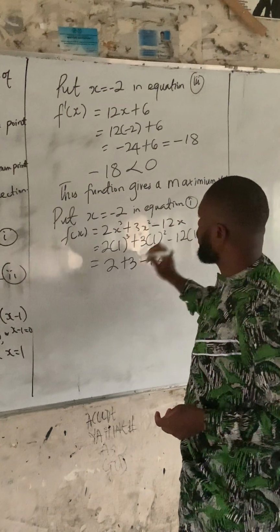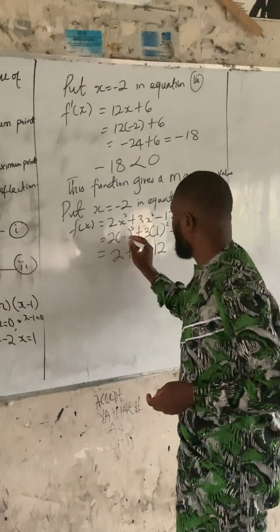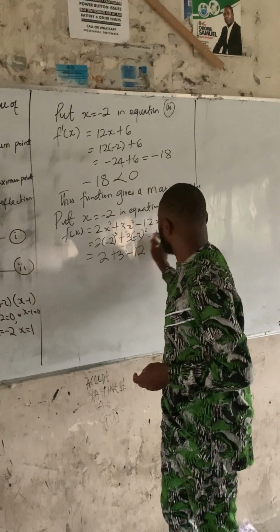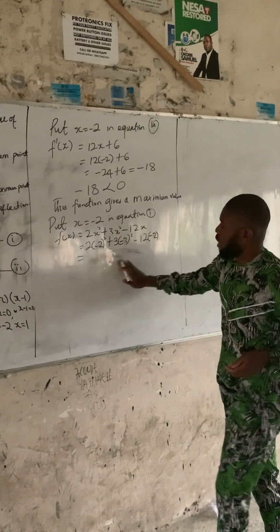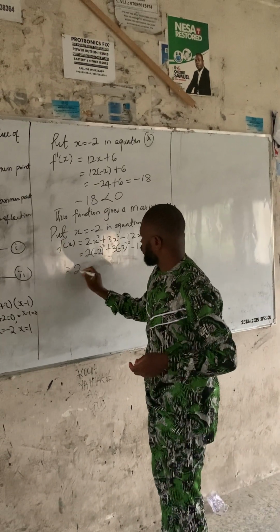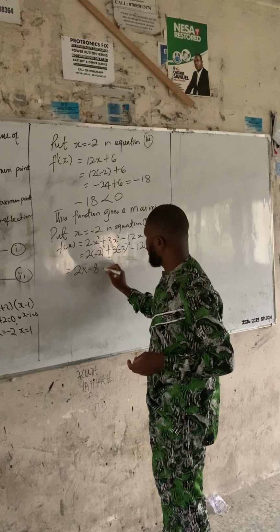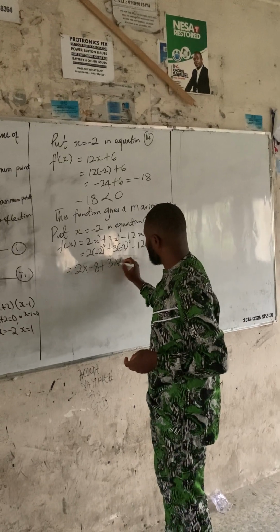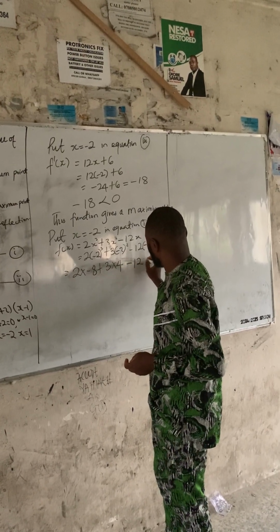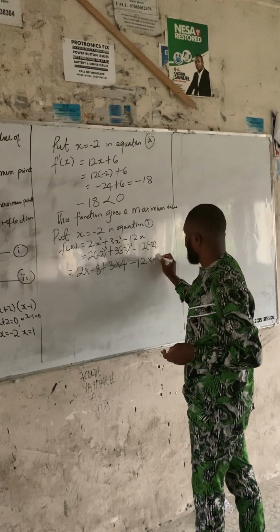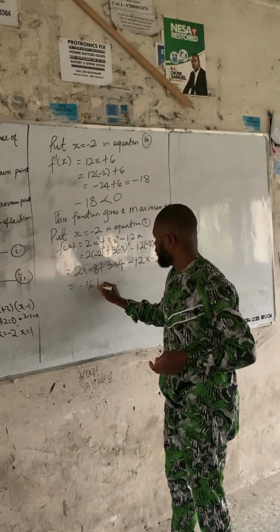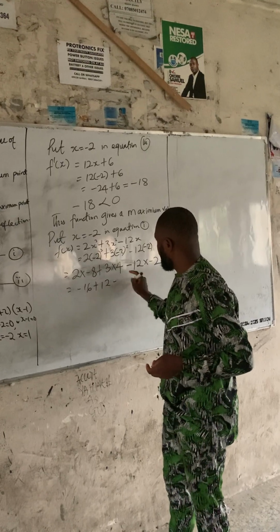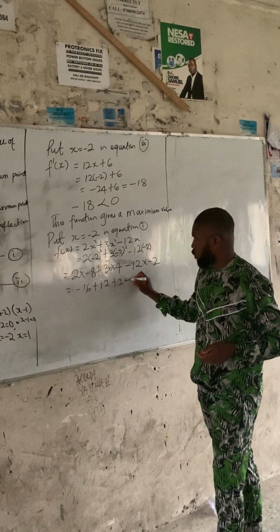Sorry, this is minus 2, not 1. Let's do it again. I will have 2 times minus 8 plus 3 times 4 minus 12 times minus 2. If you do this, you have minus 16 plus 12 plus 24.